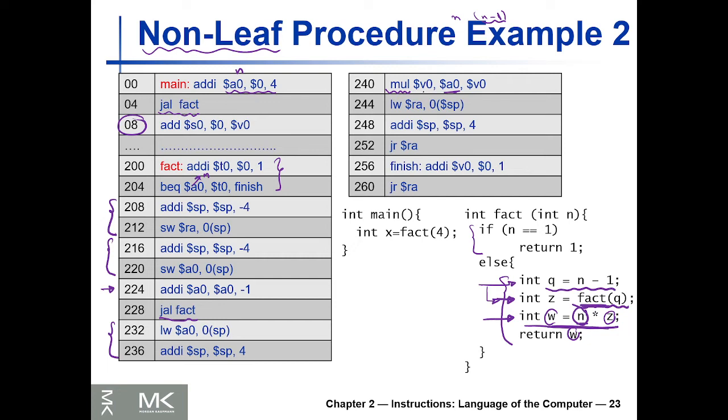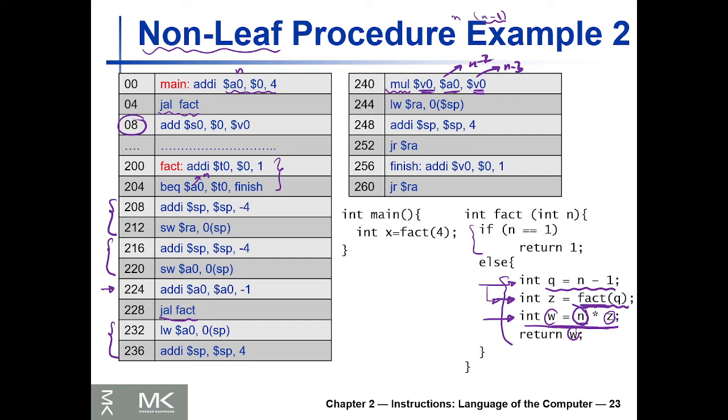So when I say mul v0 a0 v0, this is basically n minus 1 and this is basically n. Then in the next calculation it will be n minus 1 and n minus 2. In the third iteration it will be n minus 2, n minus 3, and so on until we multiply 3 by 2 and 2 by 1.